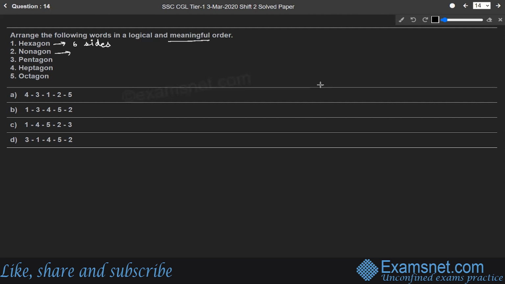Nonagon is a polygon of 9 sides. Pentagon is a polygon of 5 sides. Then heptagon. Heptagon is a polygon of 7 sides. And the last is octagon. Octagon is a polygon of 8 sides.